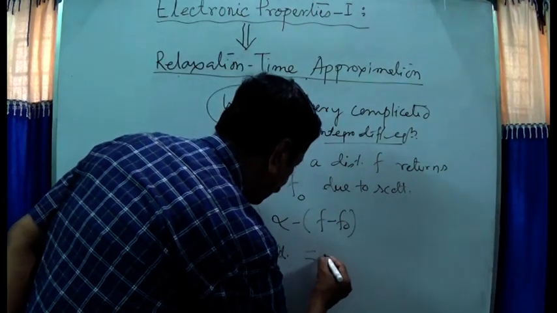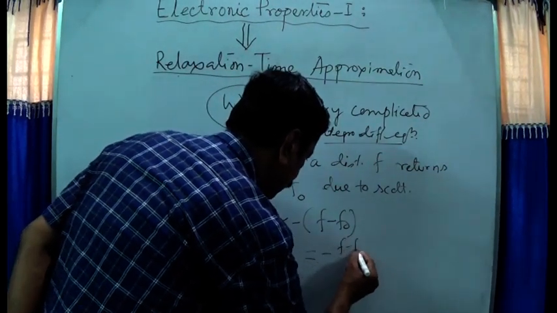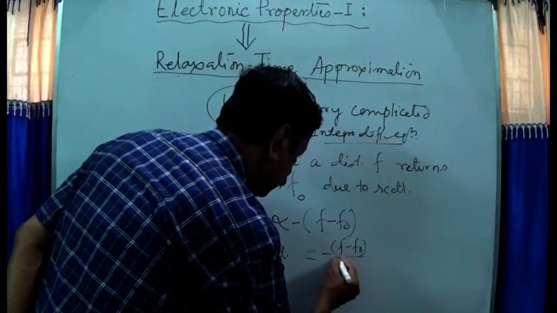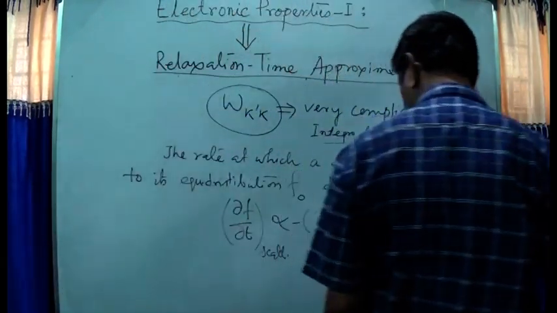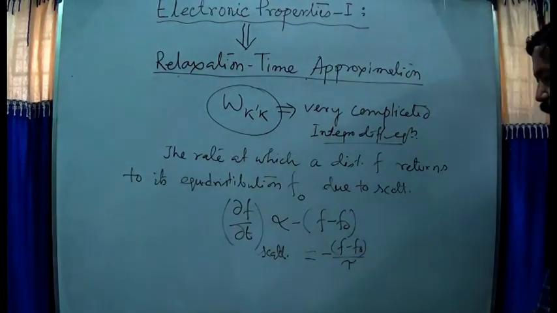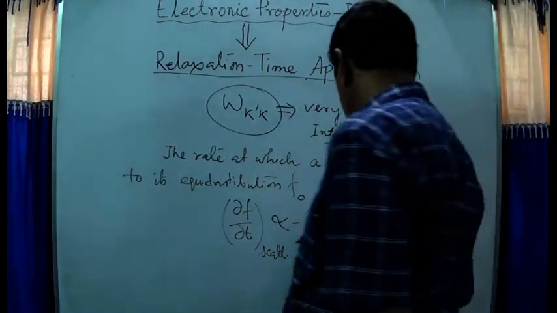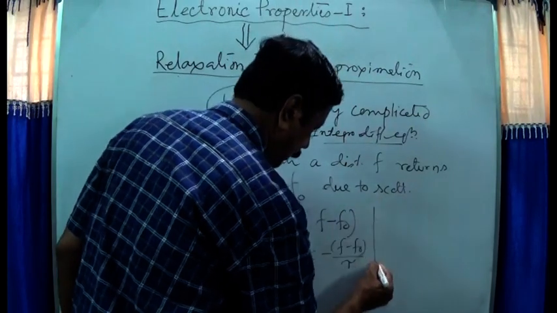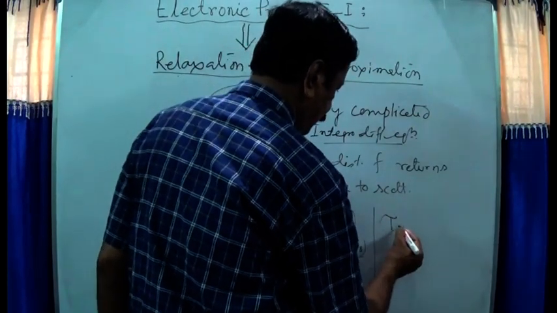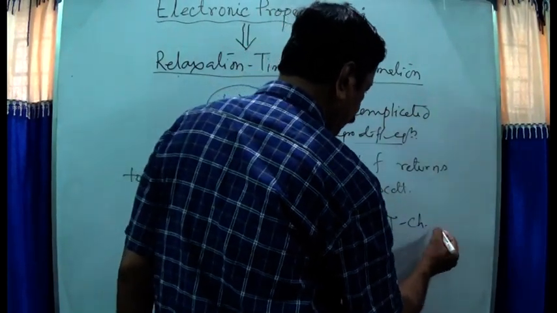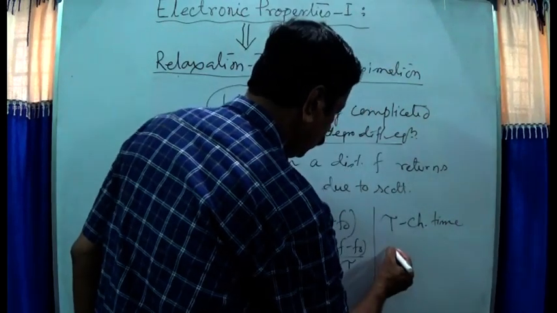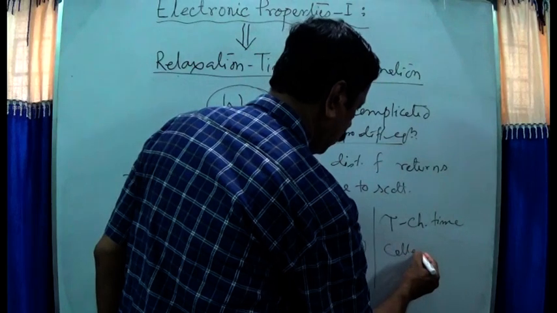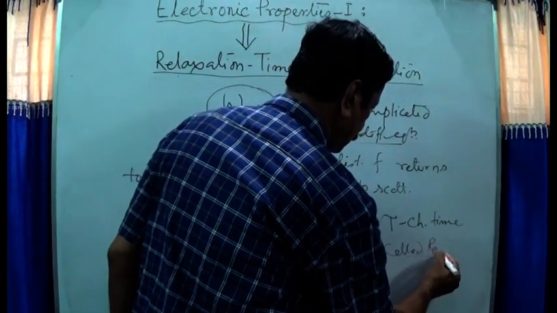And this can be written as minus F minus F0 by a characteristic parameter which is called the relaxation time. This term is a characteristic time and it is called relaxation time.